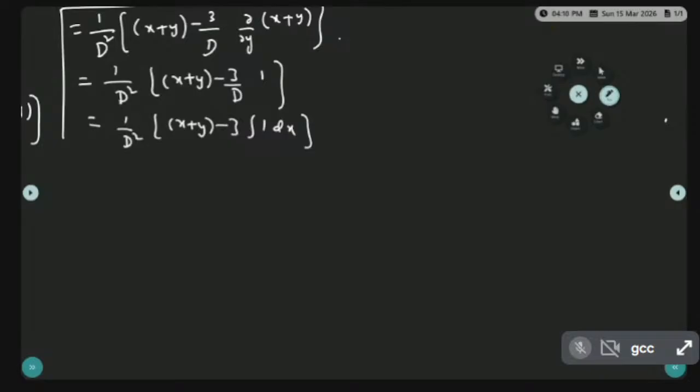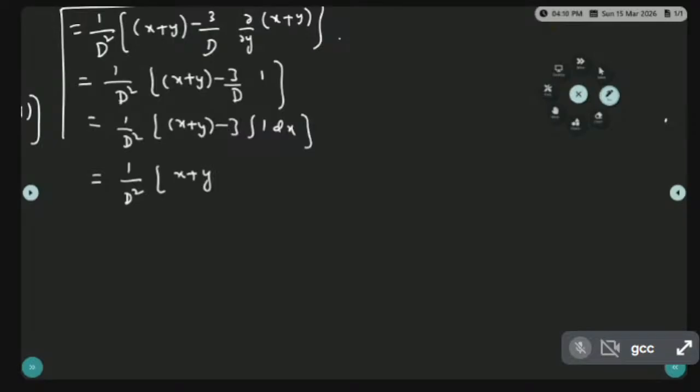Now, 1 by d square x plus y. Alavi, focus.